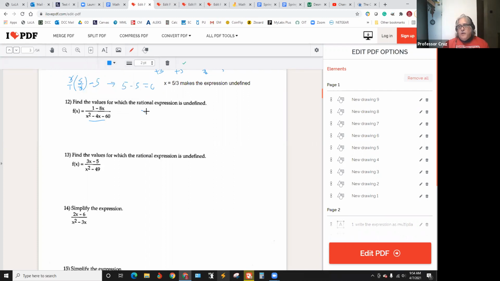So x squared, and like I said, I usually put a not equal there just to remind me of what I'm doing. But then you just treat it like you normally do. So we have to look at the factors of 60 that have a difference of 4. This is negative, so it's going to be a difference. So it's going to be x minus and x plus something.